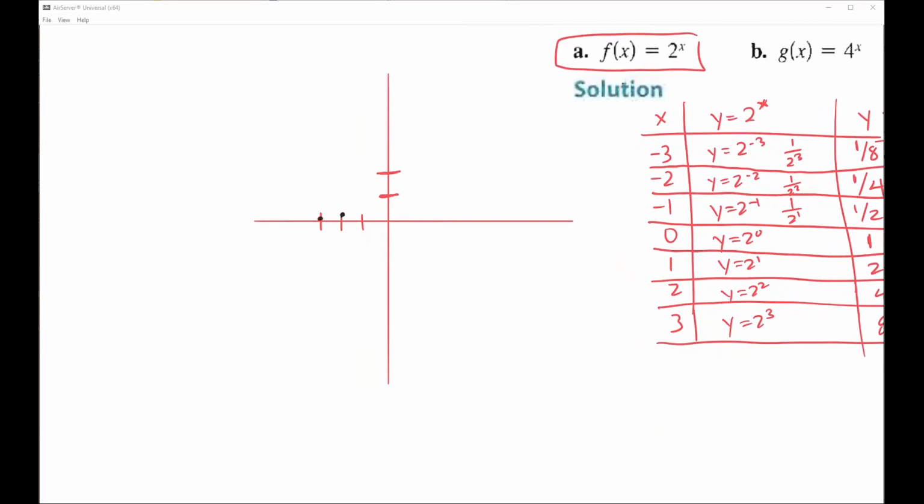It goes up gradually. 1 and -1 and 1/2 is right here, right? Then 0 and 1 is right here. And then 1 and 2 is right here. 2 and 3 and 4, 5, 6, 7, 8.